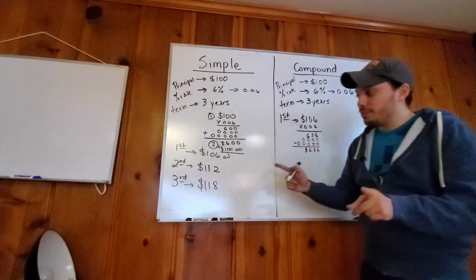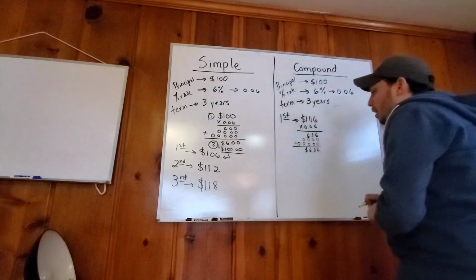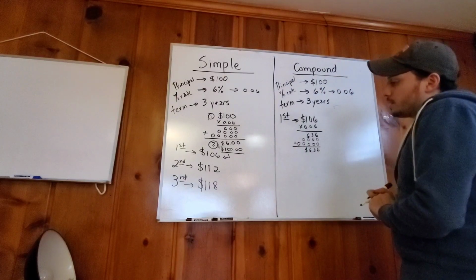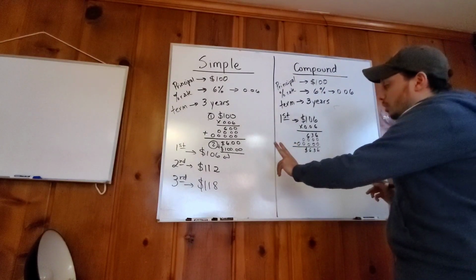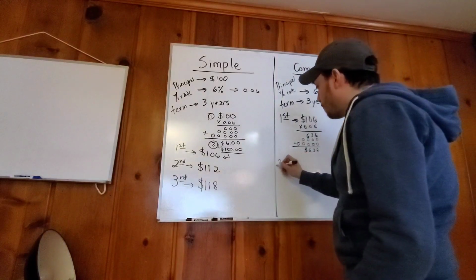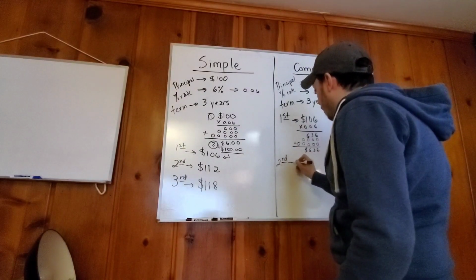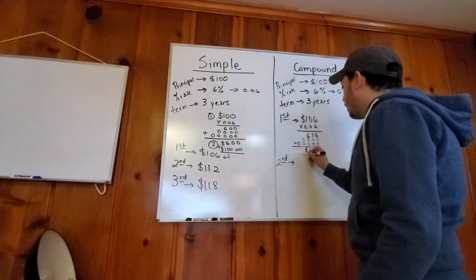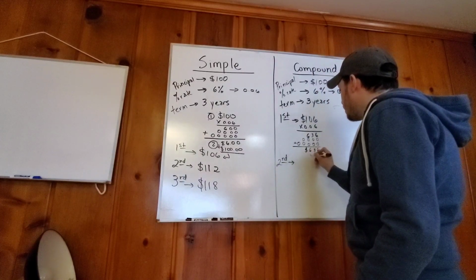You see, different. Because in the second year, I have $112 for my simple interest. But for my compound interest, we need to add $106 here.